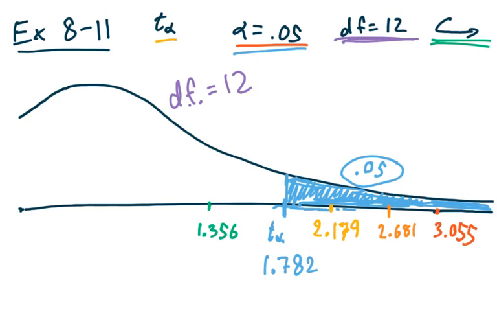So we'll start out with a little question here. May seem like a silly question, but here's the deal. The question is this: what is the area underneath the distribution curve here, the t distribution with 12 degrees of freedom, when t is equal to exactly 1.782?